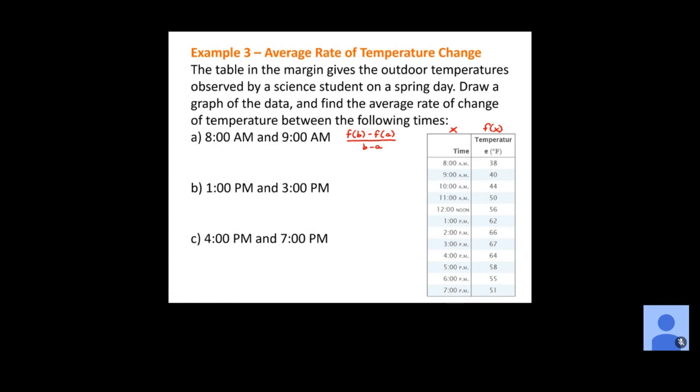Okay, so instead of using 40, right, because that's actually going to represent an f of x value, that's going to go in the numerator, let's just figure out what a and b are first, right?